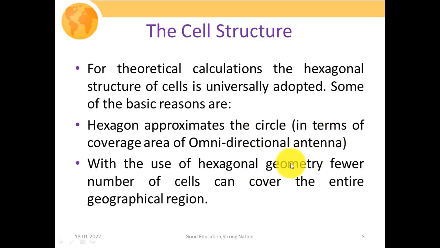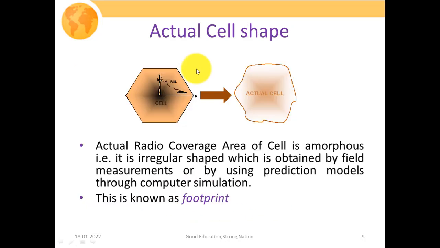Also, with this hexagonal geometry, a fewer number of cells can cover the entire geographical region. So while frequency planning with this regular polygon, the hexagon, we will not have non-overlapping regions or void spaces in our cellular planning.